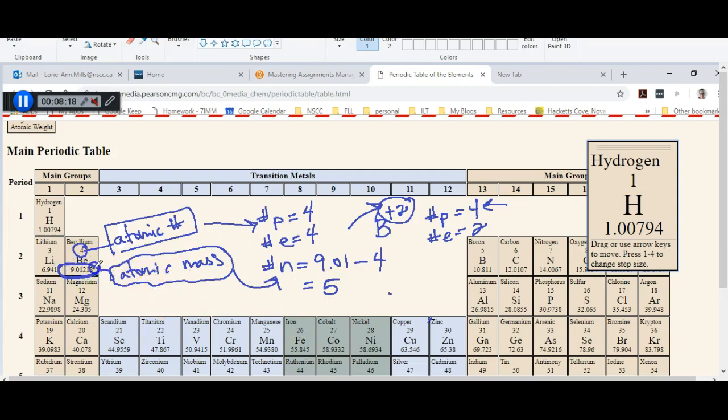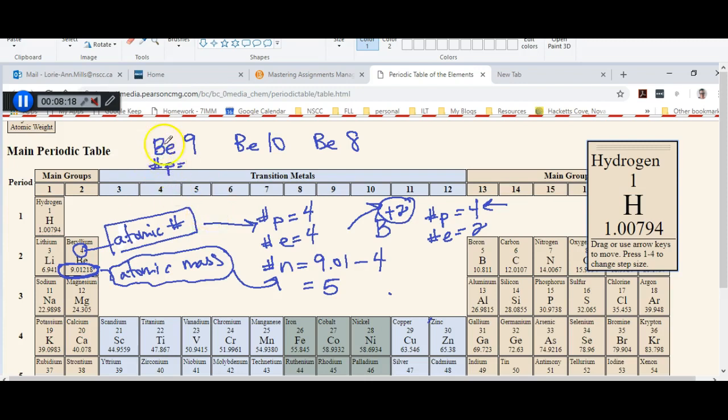The reason why the atomic mass number is a decimal is because in nature, beryllium sometimes has a mass of 9, sometimes it will have a mass of 10, sometimes it might have a mass of 8. And the difference between the beryllium 9 isotope, beryllium 10 isotope, and beryllium 8 isotope is that the number of neutrons is different, but they'll always have the same number of protons.